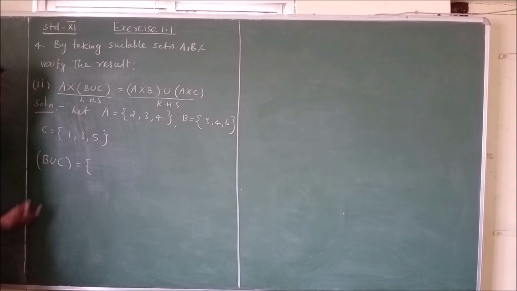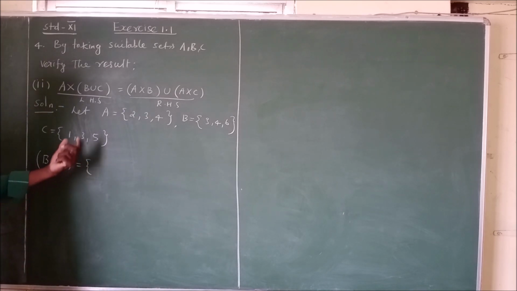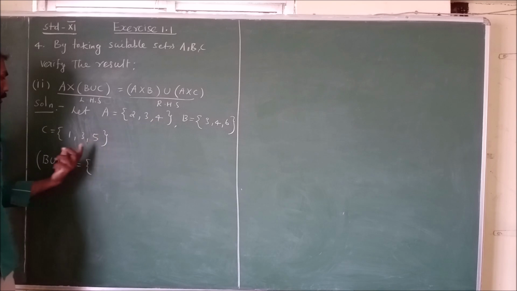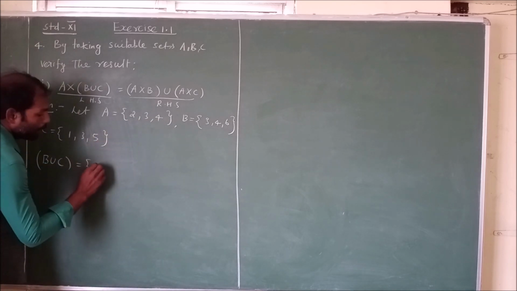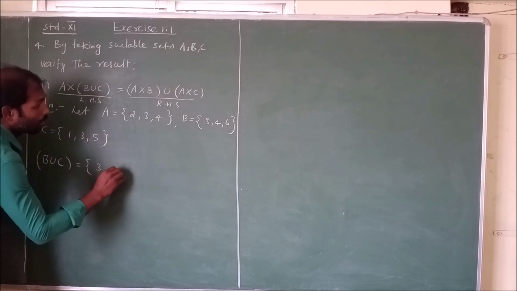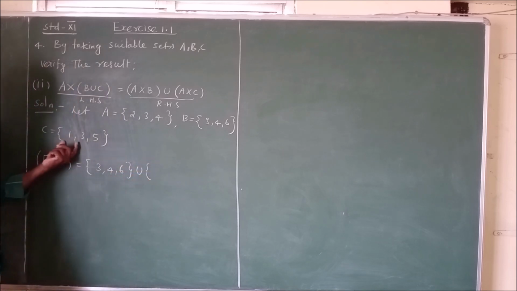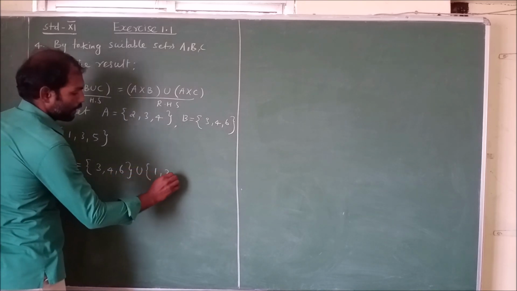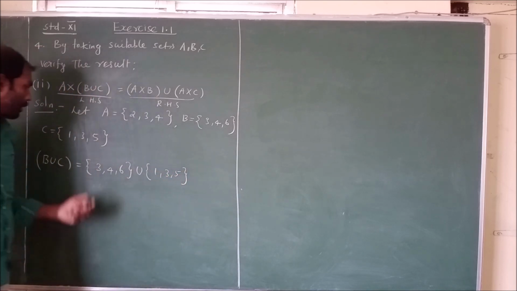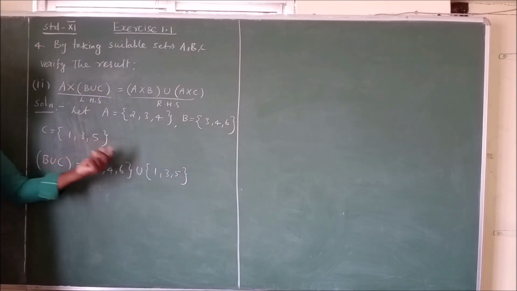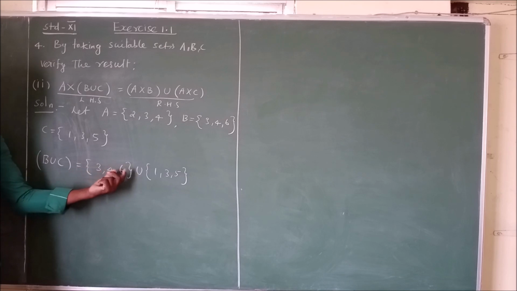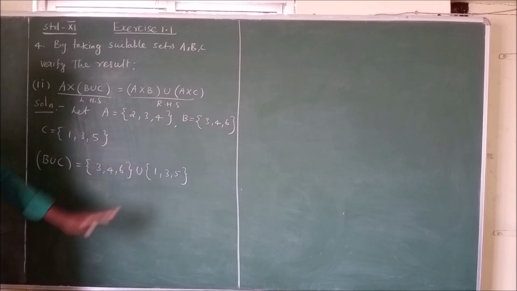B union C is nothing but the union of sets B and C. The value of set B is 3, 4, 6 and C is 1, 3, 5. So what is the union of two sets?